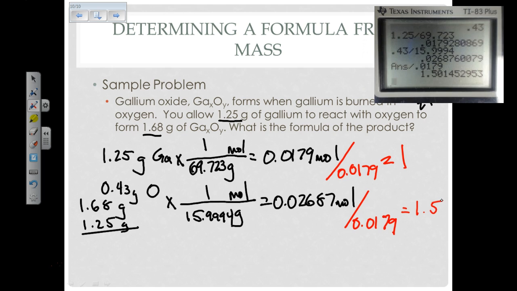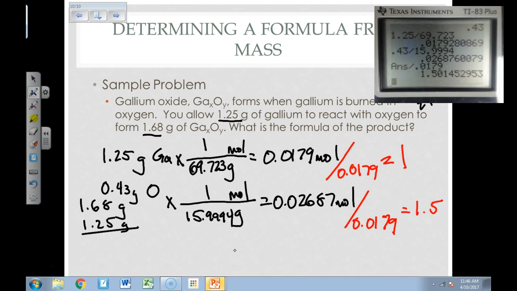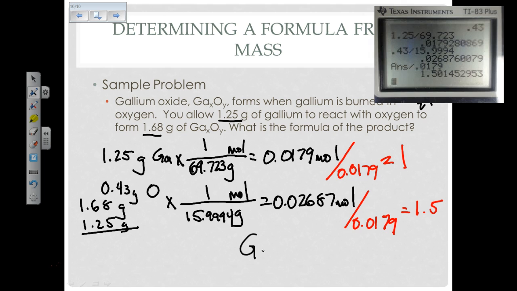And this is a great example because now this is a problem where we have to fiddle. And in the lab, you're probably going to have to do that too. The purpose of fiddling is because we need a whole number ratio. You have never seen and will never see a formula of Ga1O1.5. Okay, but now what number can we multiply both of these by?